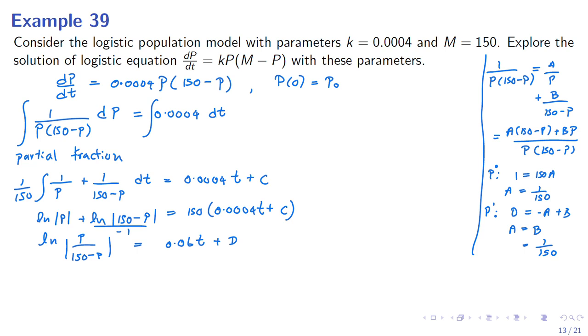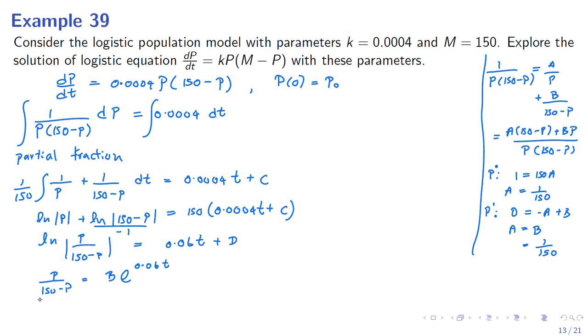So p divided by 150 minus p will be another constant, let's say beta, times e to the 0.06 t. Because when we take the exponential, I did two steps together here. I took the exponential of both sides, and then to represent the constant part, I use beta.